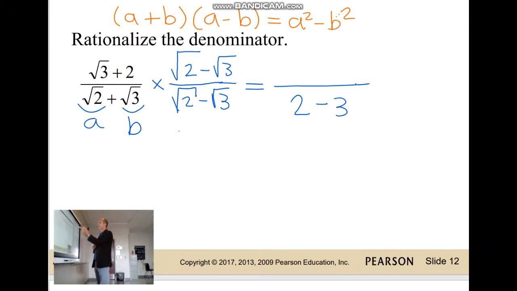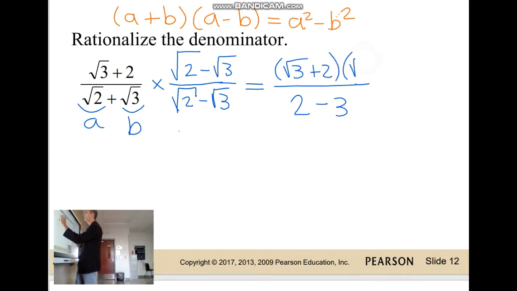And on the top, and let's do this really slowly, step by step, we will have square root of 3 plus 2 times square root of 2 plus square root of 3. Okay, that's right.